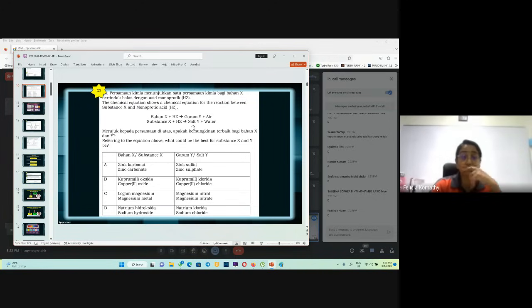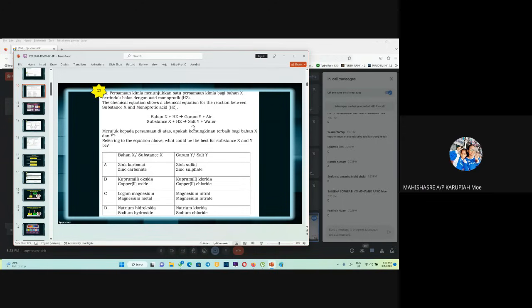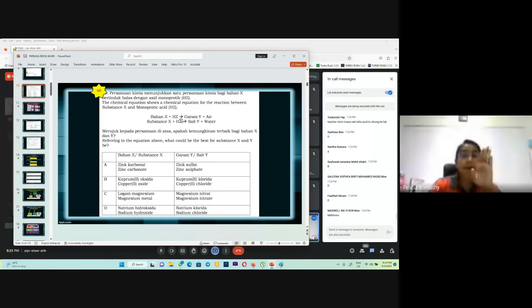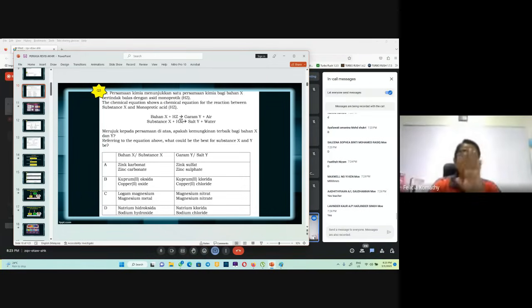Reaction occurs or not? You will get copper 2 chloride and water. Correct? Yes, copper 2 oxide reacts with hydrochloric acid. Reaction occurs. Remember, copper alone doesn't react with acid. If copper in the form of oxide or hydroxide, reaction occurs. So, B can be acceptable.